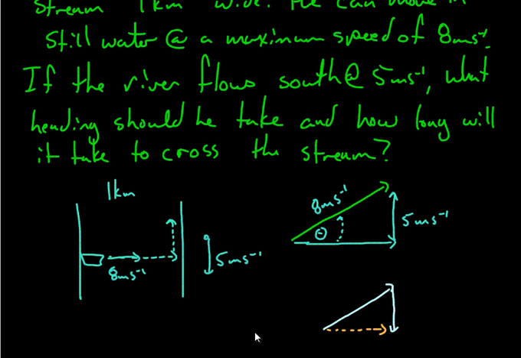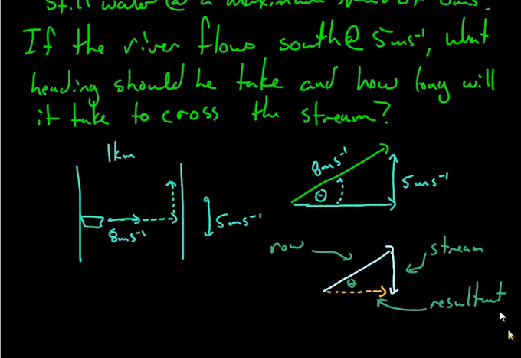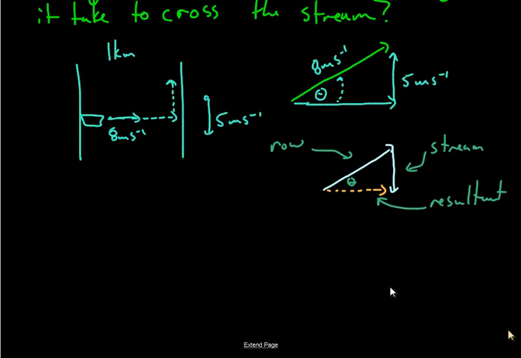Here's where he's rowing, here's the angle he's rowing at, here's the stream. His rowing plus the stream ends up in a resultant that has him going straight across the river. Does that make sense?